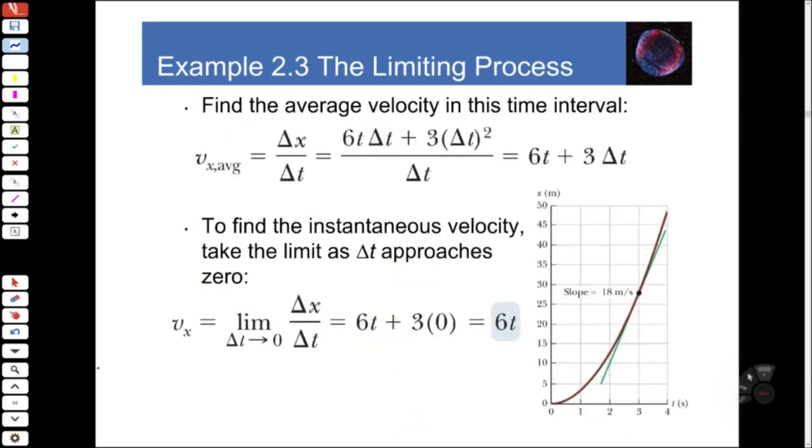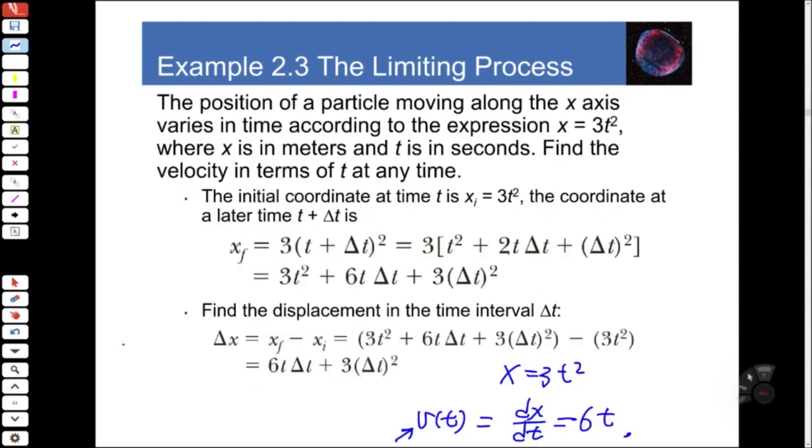So here Vx is 6t, and on the other hand, if you calculate the average velocity here, you have to calculate delta x and delta t. Delta x is calculated here. X final after time delta t is this one, and if you expand, well, this is very simple. This is t squared plus 2t delta t plus delta t squared.